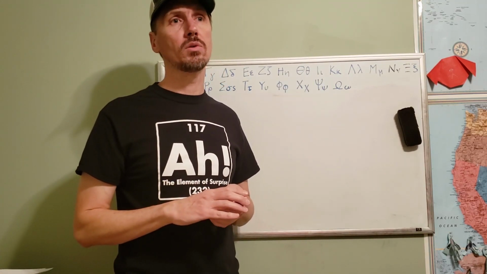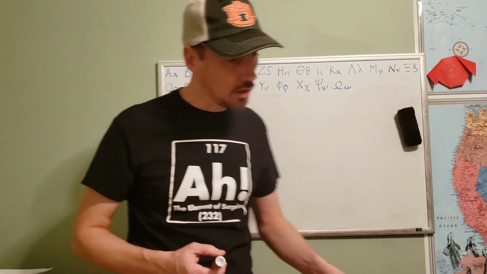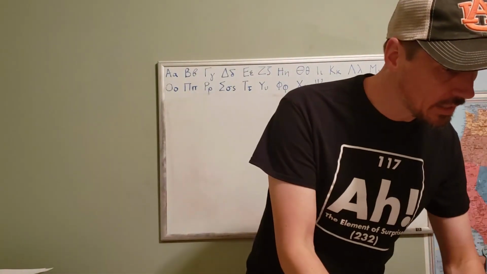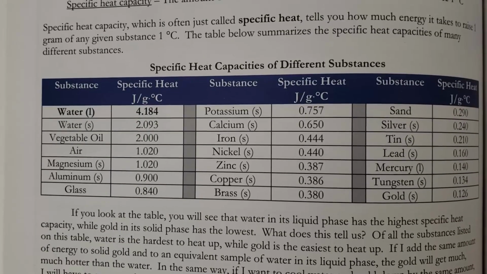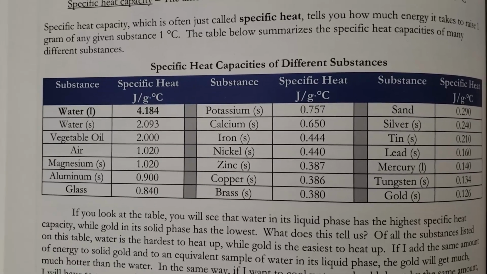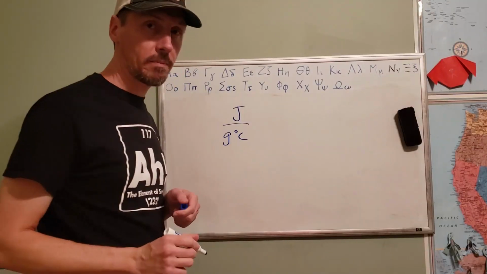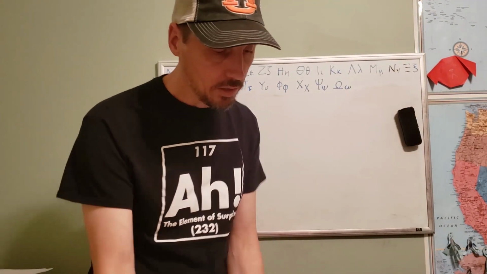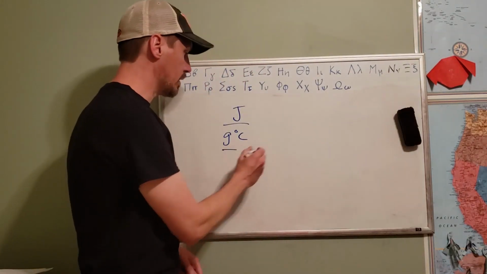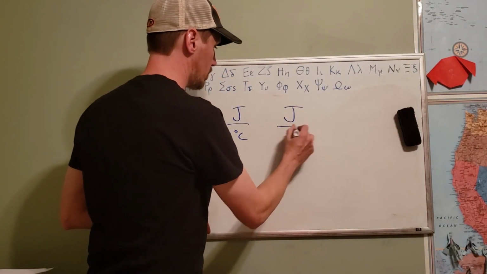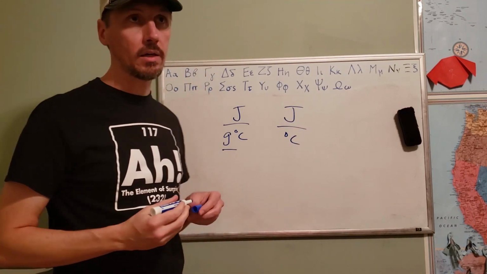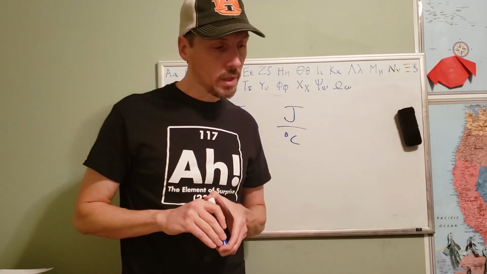All of those values in that chart on page 392 had units of joules per gram degrees Celsius. But if you're considering just the heat capacity, you're going to be missing this gram unit. So it'll just be joules per degree Celsius if it's a heat capacity value.